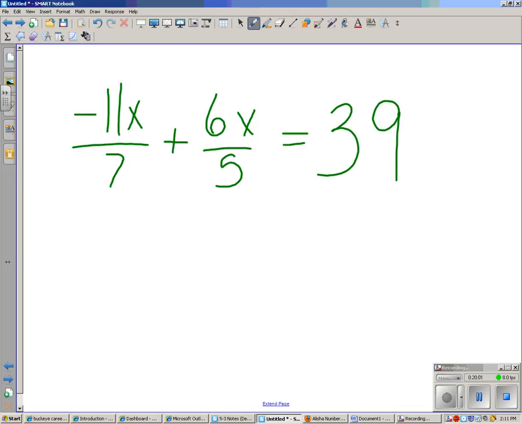What number am I going to multiply the entire thing by? 35. Very good. If you're not sure, here's a shortcut: pick the larger number, 7, and think of all the multiples. 7 times 1 is what? 7 times 2?